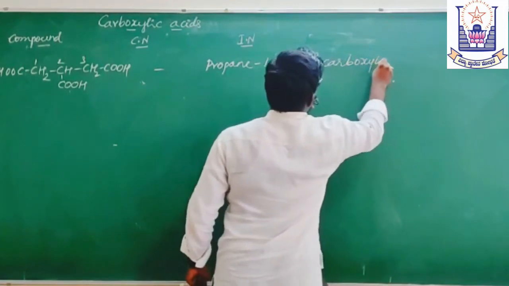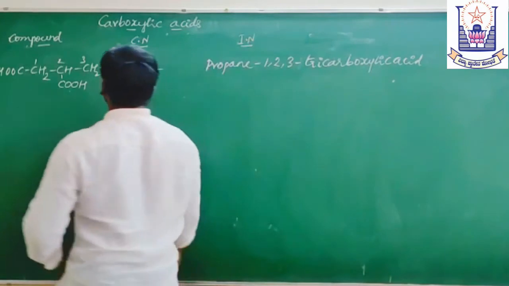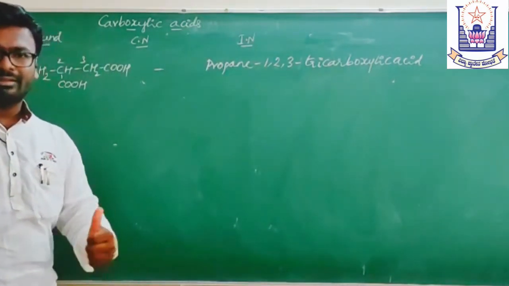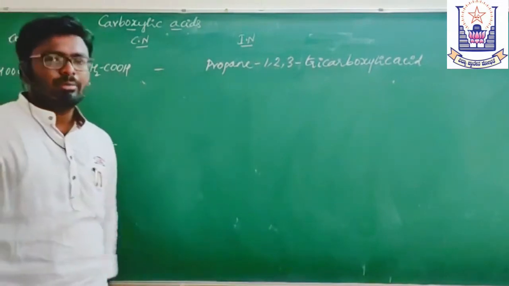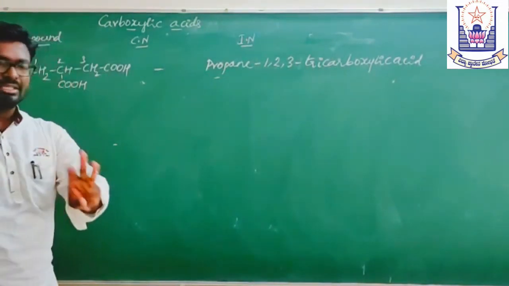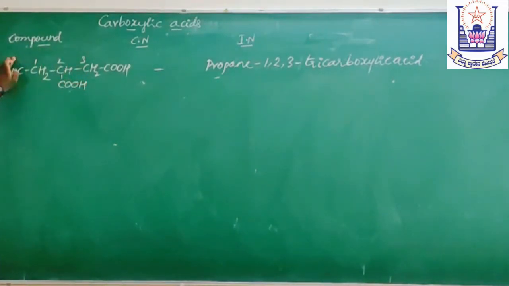Tricarboxylic acid. See, here I am not going to call this as trioic acid. Why? I am calling this as tricarboxylic acid. Look at that prop, word group, 3 carbons are there, these 3 carbons. And COOH, this carbon is not included in numbering or it is not counted. That is why this COOH is called as carboxylic acid now.